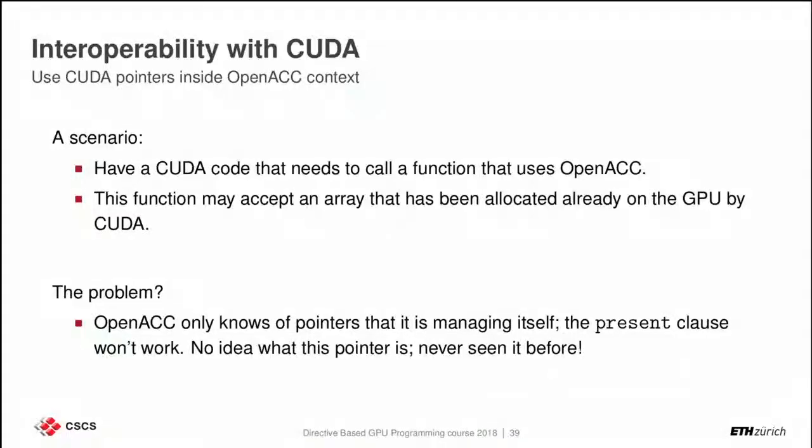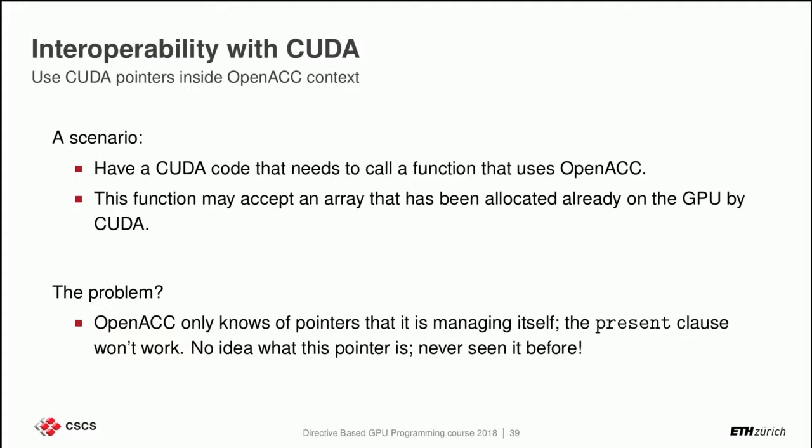Let's take the first scenario, which is using CUDA pointers inside OpenACC. The scenario could be that I have a CUDA code that needs to call another library or something that's implemented in OpenACC and requires, for some reason, a device pointer. So this function gets an array that has already been allocated on the GPU, but this allocation has been done by CUDA.